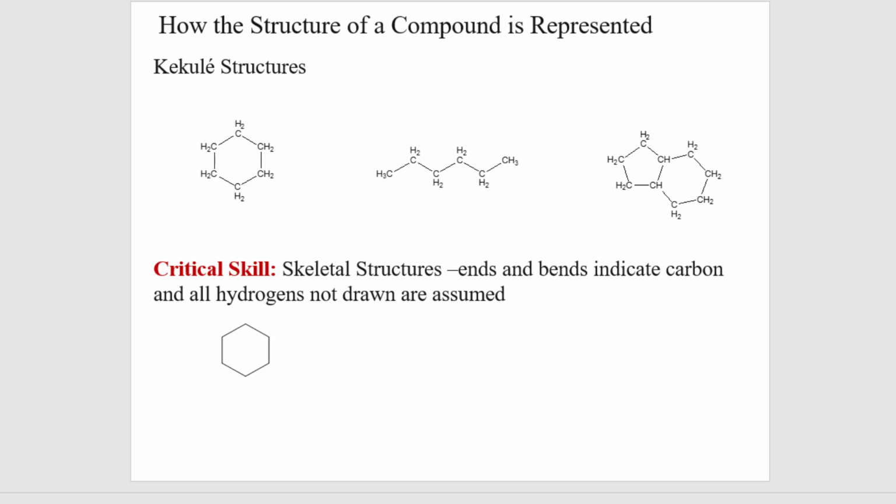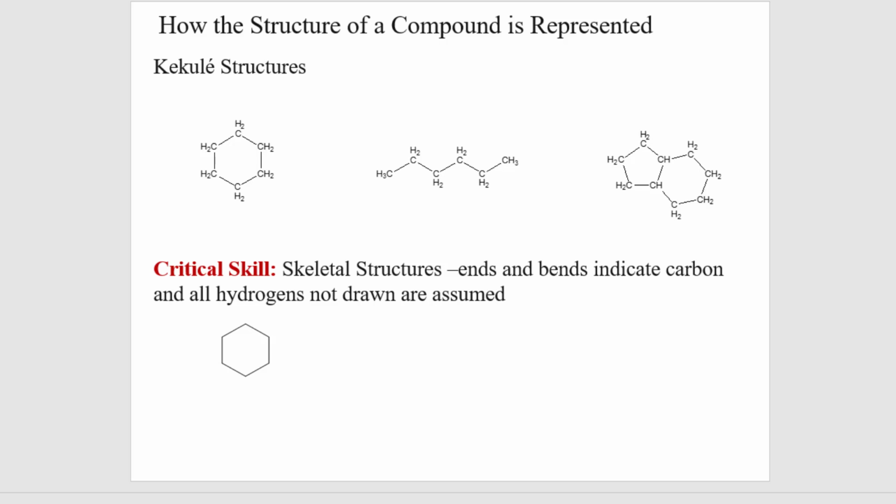We have to write those bonds in, but we don't necessarily have to fill in the blanks to make the octet on the carbon with all the remaining hydrogens. So if we don't have a formal charge written and we only show the important bonds, we presume that octets are met on all of the carbons with hydrogens.